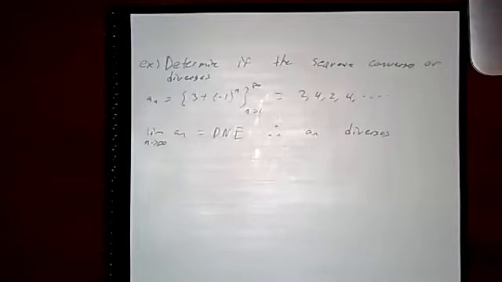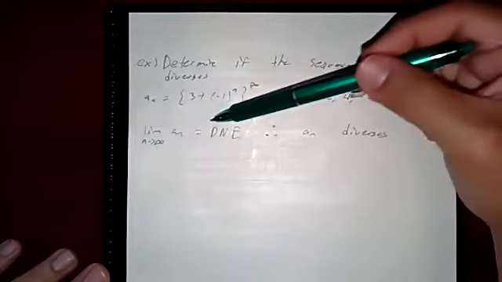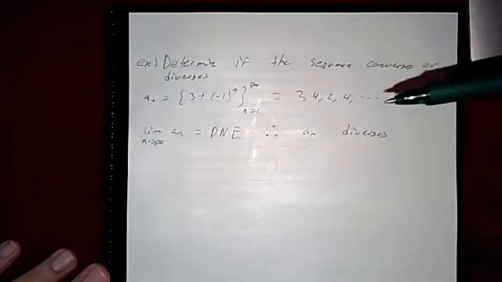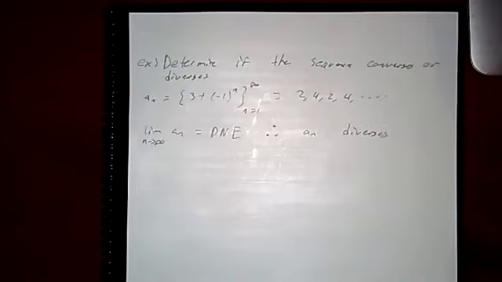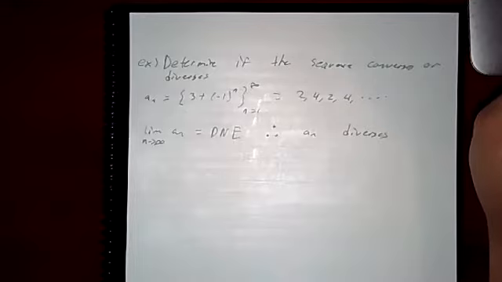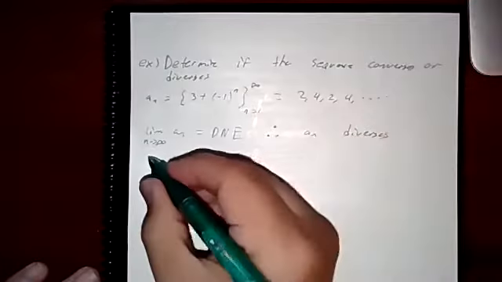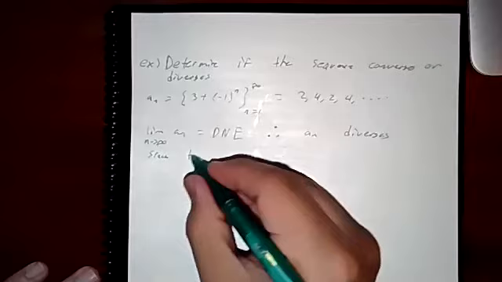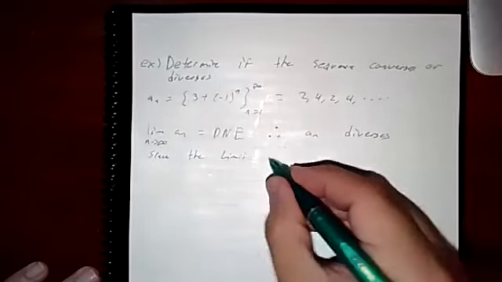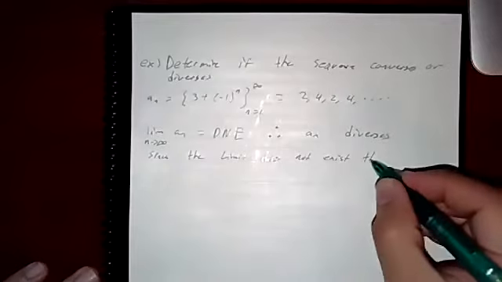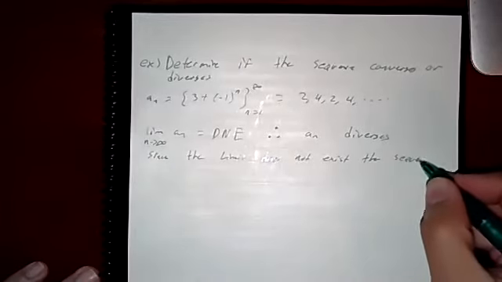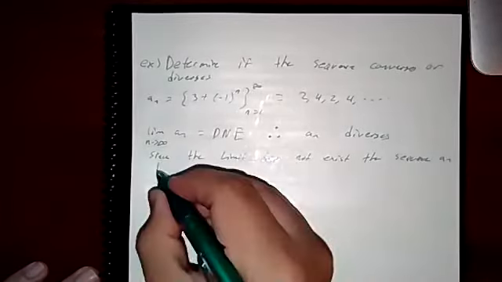So that's what I want you to say there in plain English, right? You would say, since the limit of a sub n does not exist, then a sub n diverges. That's how you would answer that kind of test. So this one diverges. Since the limit does not exist, the sequence a sub n diverges.